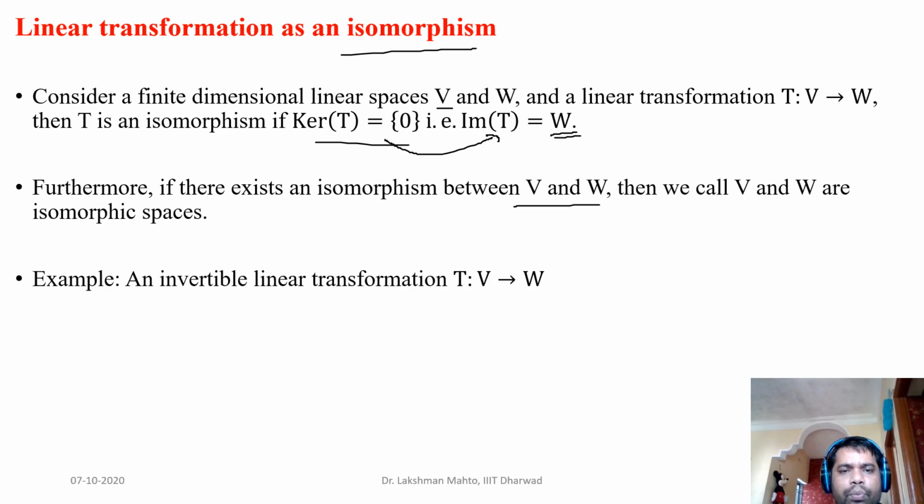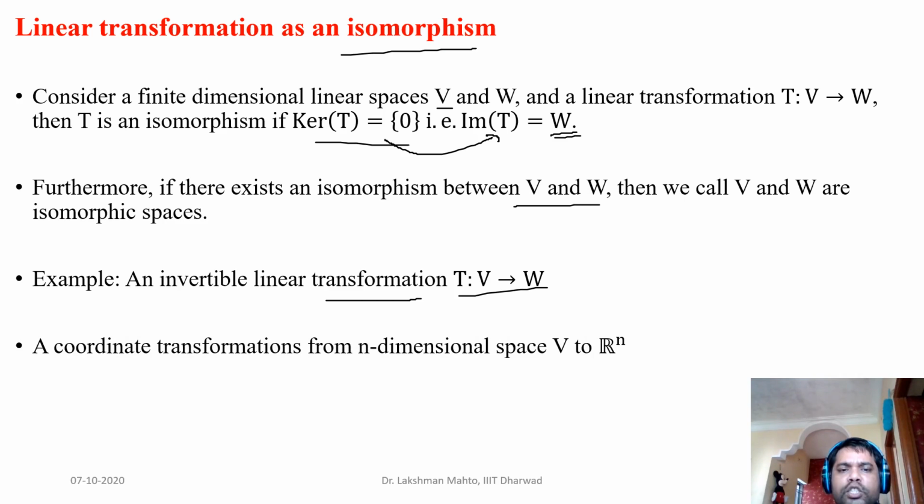One example of isomorphism is an invertible linear transformation. Whatever transformation you take, if it is invertible, you can claim it is an isomorphism. That means it preserves dimension: under isomorphism, both domain and target have the same dimension.